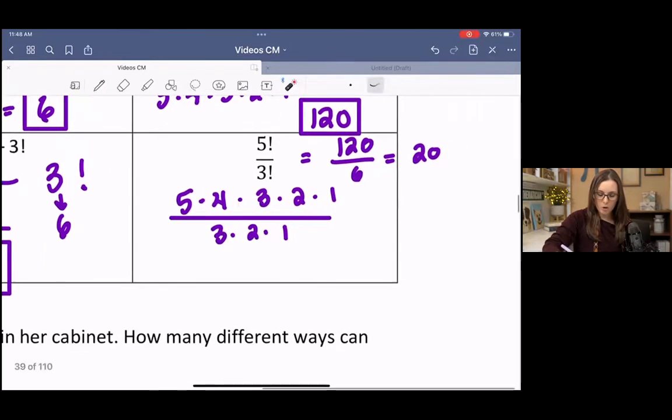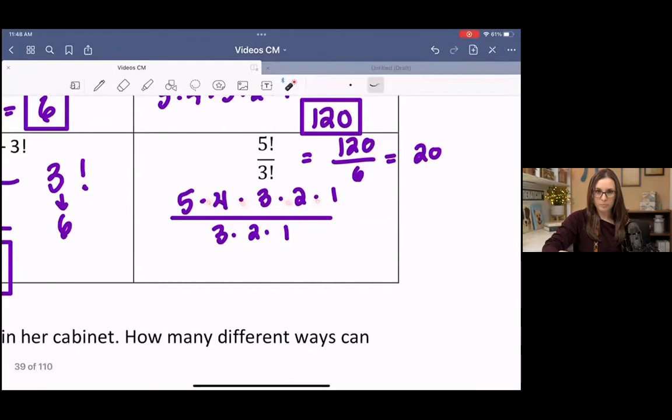Now these are all joined by multiplication, separated by division. So since it's like that, I can go through and divide common factors. So 3 is going to divide by 3.